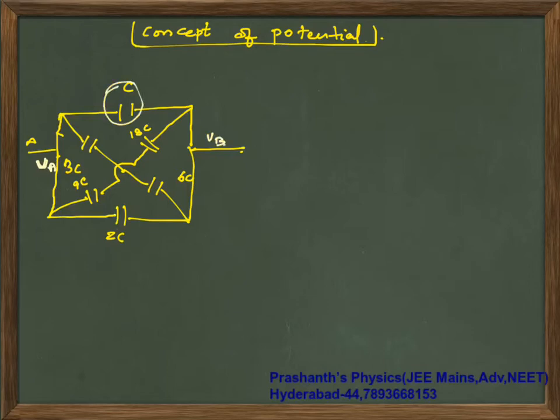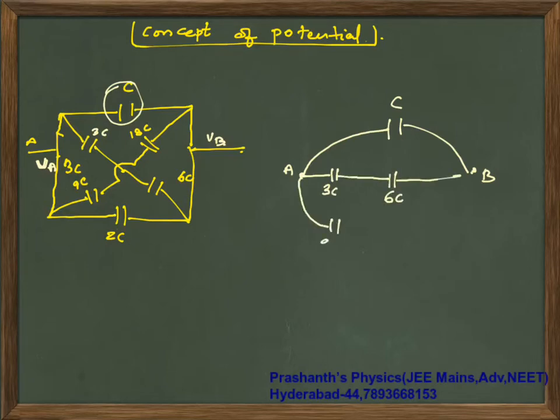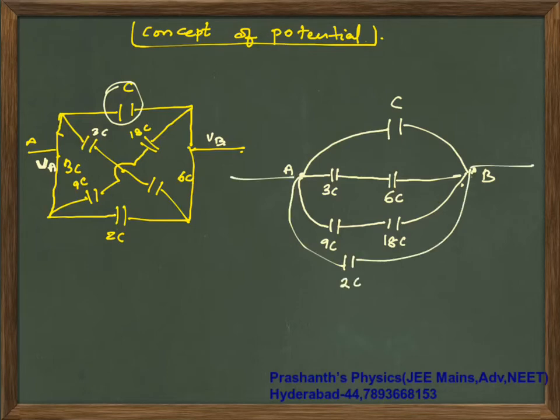Now if I redraw the diagram, between A and B you have a capacitor C. In between you have 6C and this capacitor, given as 3C in the question. So this will become 3C, 6C like this, then followed by 9C, 18C, then followed by 2C. So this is your equivalent diagram.